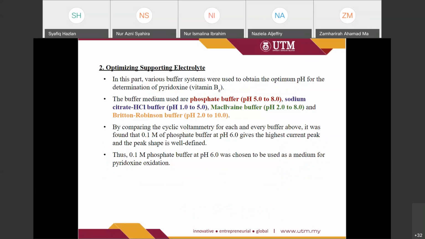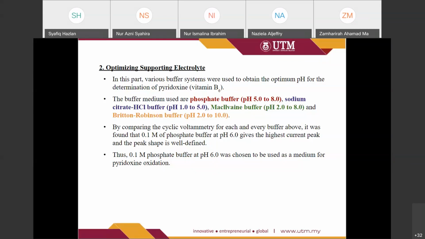Okay, the second one is optimizing the supporting electrolyte. In this part, various buffer systems were used to obtain the optimum pH for the determination of pyridoxine. The buffer media used are phosphate buffer with pH 5 to 8, sodium citrate HCl buffer from pH 1 to 5, McIlvaine buffer from pH 2 to 8, and Britton-Robinson buffer from pH 2 to 10.